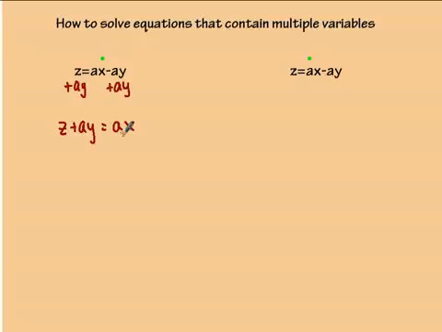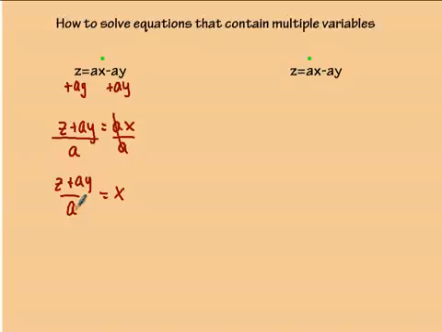Now we want to get x by itself, so we have to get rid of this a. That's multiplication. We're going to divide it over here and divide it on the entire other side. Those are gone. And now we have z plus ay over a is equal to x. Now this can be reduced a little further because you have an a up here and an a up here. Think about when you add fractions together.